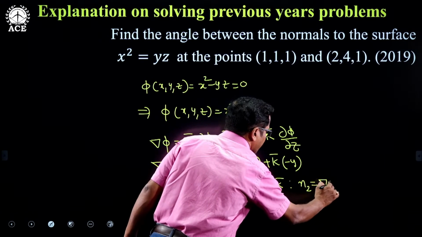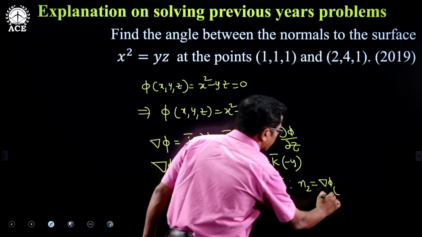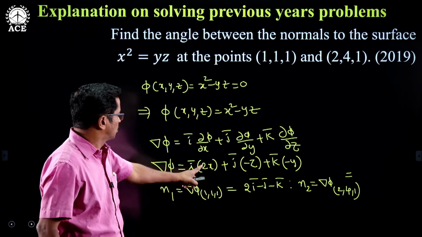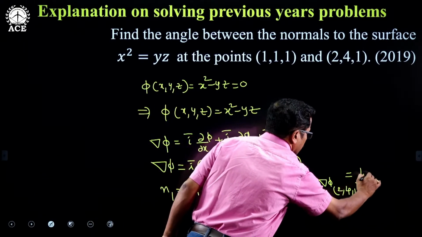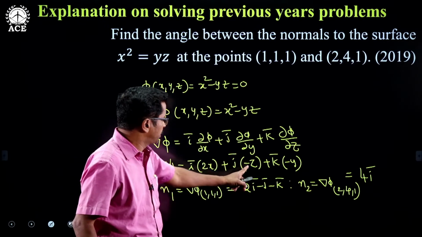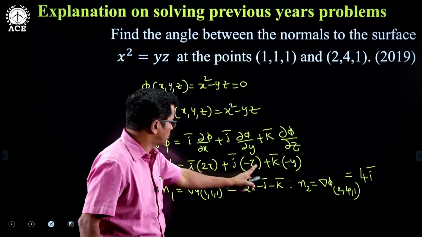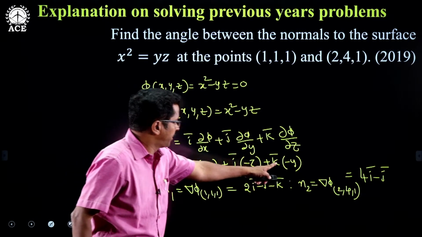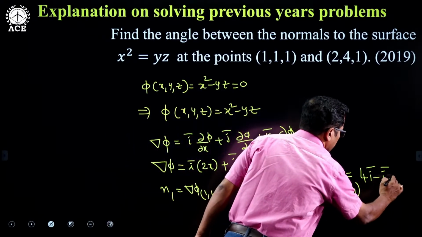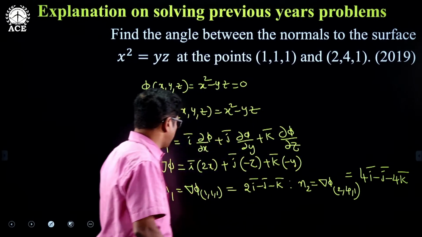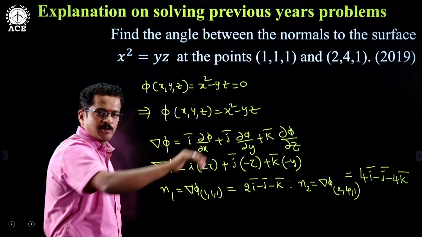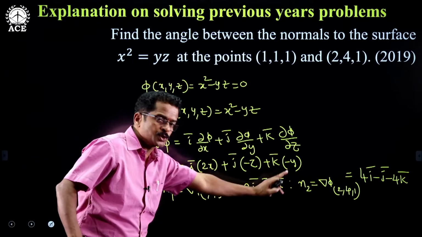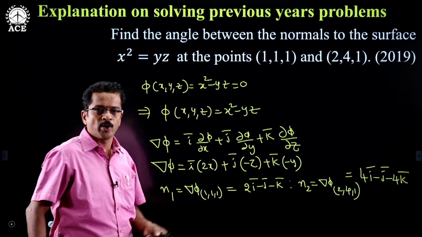N2 means del phi at the point 2 4 1, which is 4 i bar, minus z which is minus 1 so minus j bar, and y is equal to 4, that is minus 4 k bar. Okay, so we evaluated n1 and we evaluated n2. For the given surface, we got two normals at respective points.